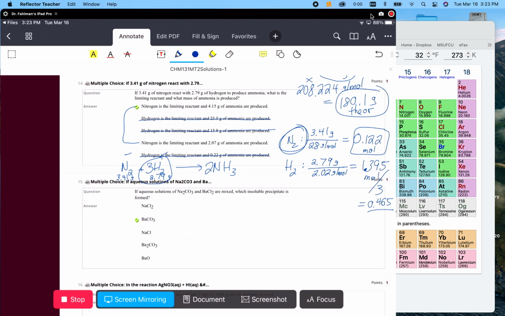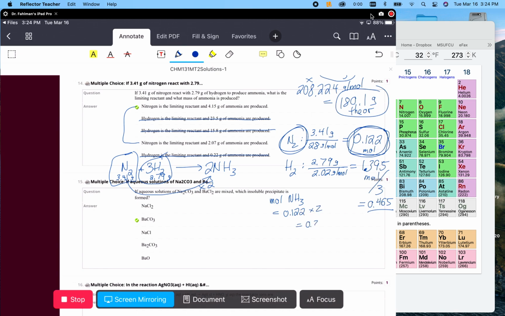So now let's figure out how many grams of ammonia you're producing. And so we said nitrogen is the limiting reagent, and so we're going to use this number of moles. Okay, and so nitrogen to ammonia is a 1 to 2, so we're going to have to multiply by 2. And so moles of NH3 is the moles of nitrogen gas times 2.